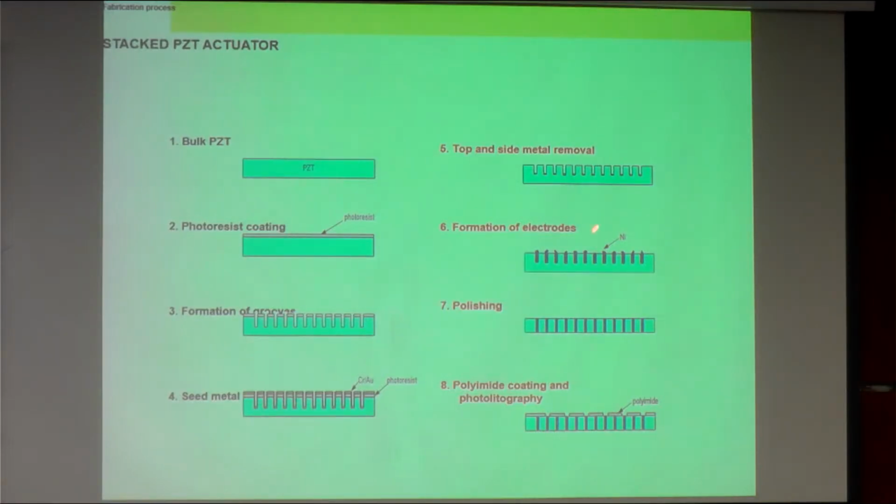Then we do the electroplating. We remove this and do the electroplating to form the electrode, growing the nickel from the bottom of this trench. Then we do the polishing for both sides of the PZT actuator.